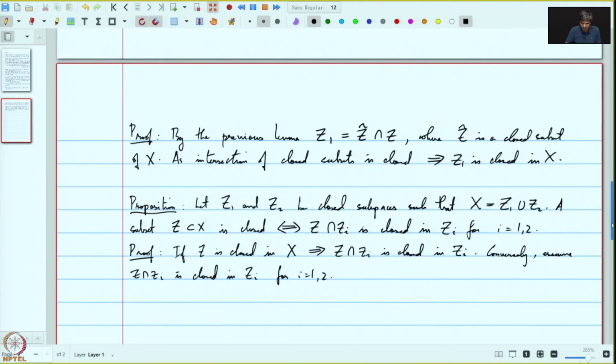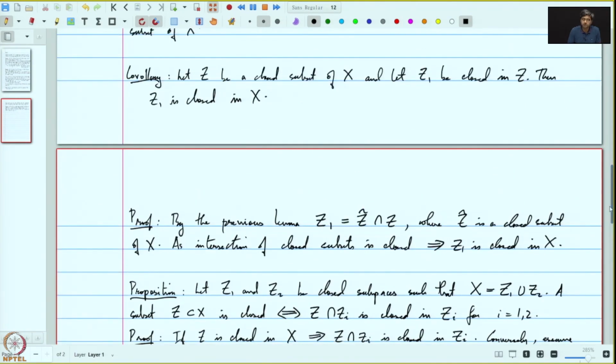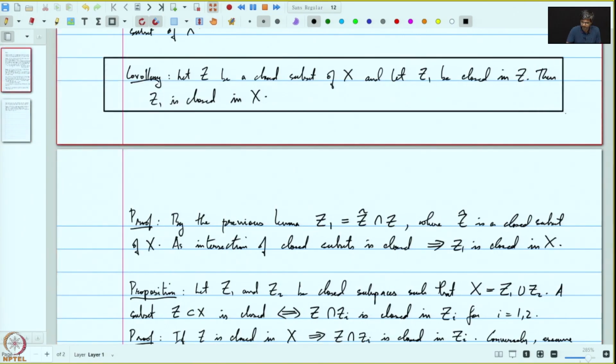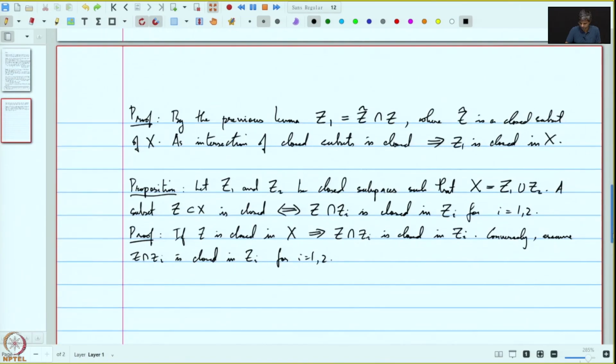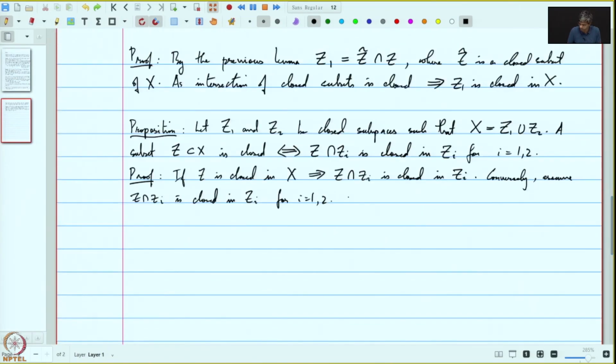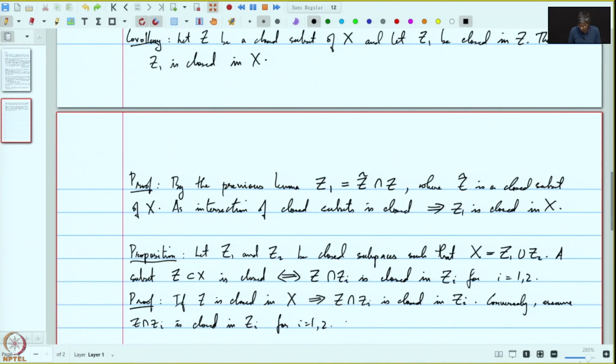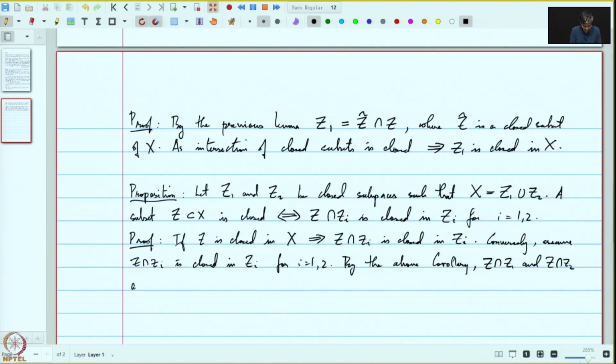So then by this corollary, Z intersection Z1 and Z intersection Z2 both are closed in X. So then by the above corollary, Z intersection Z1 and Z intersection Z2 are both closed in X.